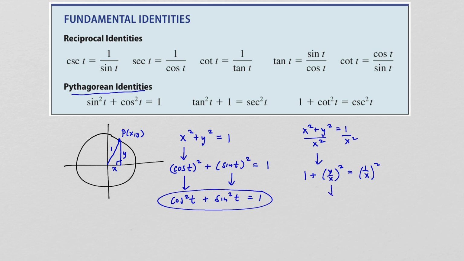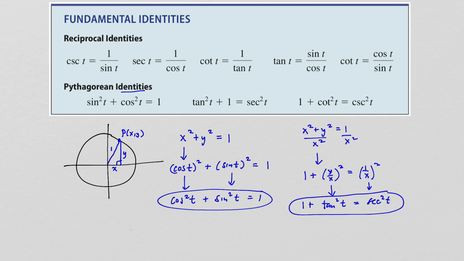And you can see that y over x is tangent, so that becomes tangent squared. 1 over x is secant, so that's secant squared. And then that turns into the identity 1 plus tangent squared is equal to secant squared, which is the second one here. And then the third one you can find by simply dividing by y squared instead of x squared.